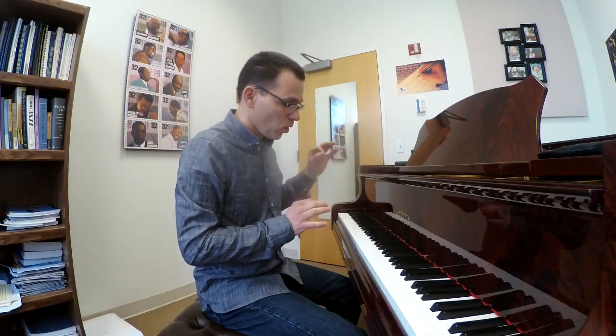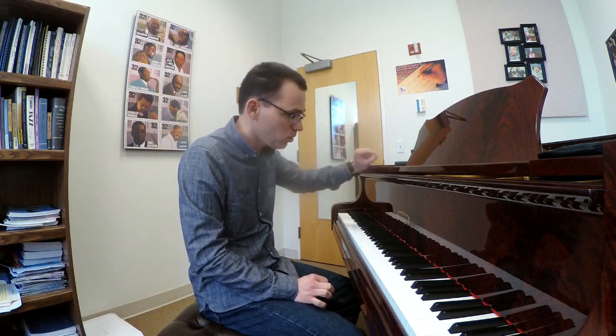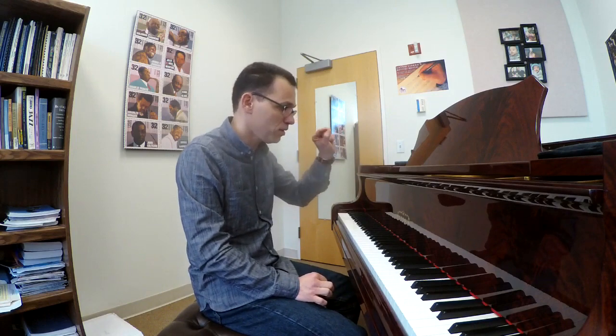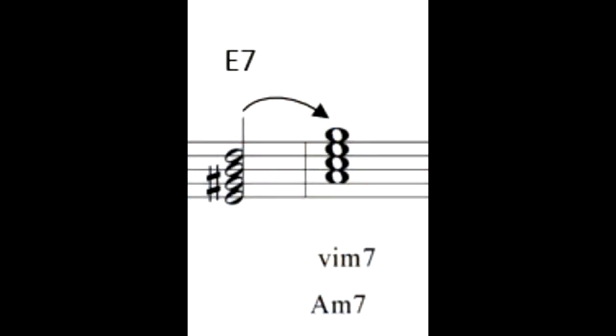The way we analyze it is we put an arrow from the dominant chord to its resolution. Okay? So the arrow means that a dominant chord is resolving by perfect fourth on the bass. Perfect fourth up, perfect fifth down. It doesn't matter. They're the same thing, right? Then we put an arrow on that, okay?